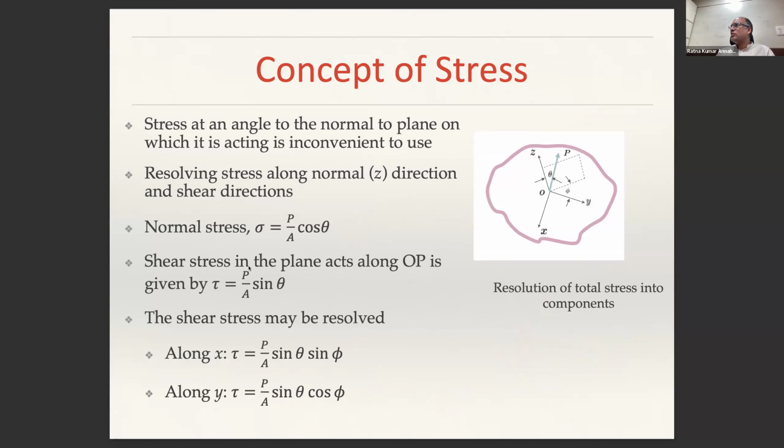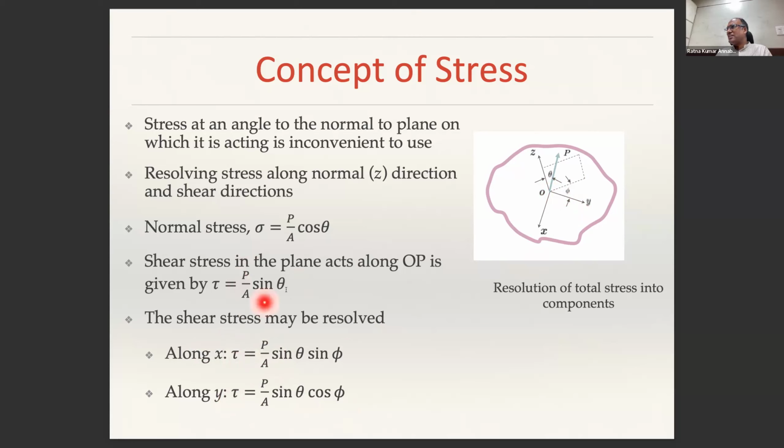So if it is oriented at an angle theta, then the normal stress is P by A cos theta, and the shear stress can be written as P by A sin theta. And again, the shear stress within the plane can have two components along x and y direction. If it is at an angle phi with respect to the x and y axes, then we can write the shear stress components tau along x direction and along y direction as P by A sin theta sin phi, and P by A sin theta cos phi.